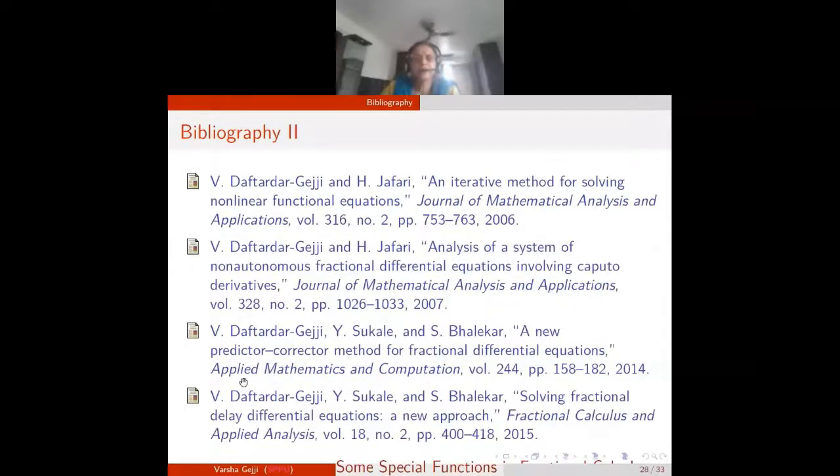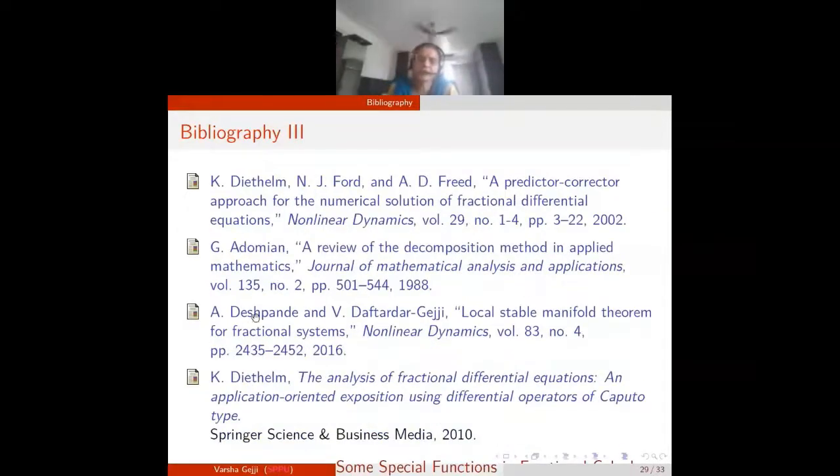smart and efficient methods. So here is our work where we have developed these predictor-corrector methods for solving various equations. Now various analysis theorems are used.